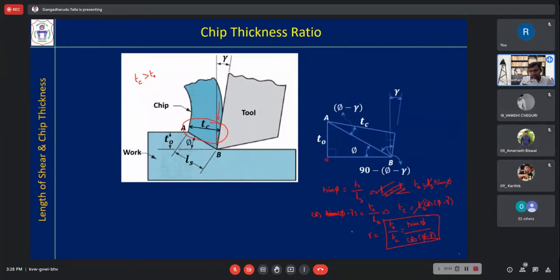Now, if the chip thickness ratio is high, what can you understand? It is not beyond 1, but if it is high, what is the meaning?